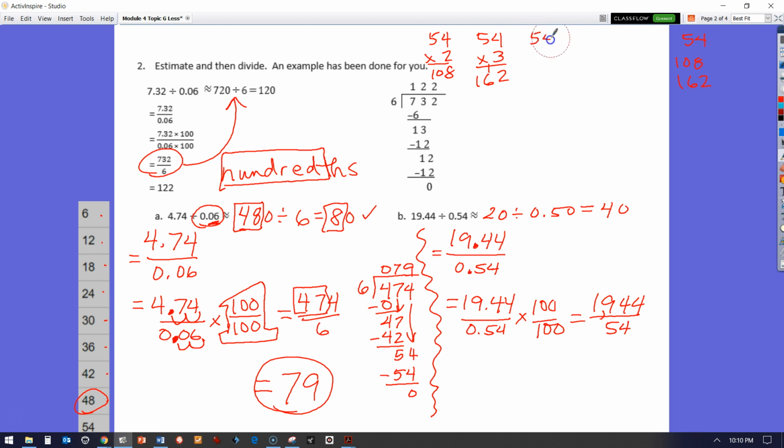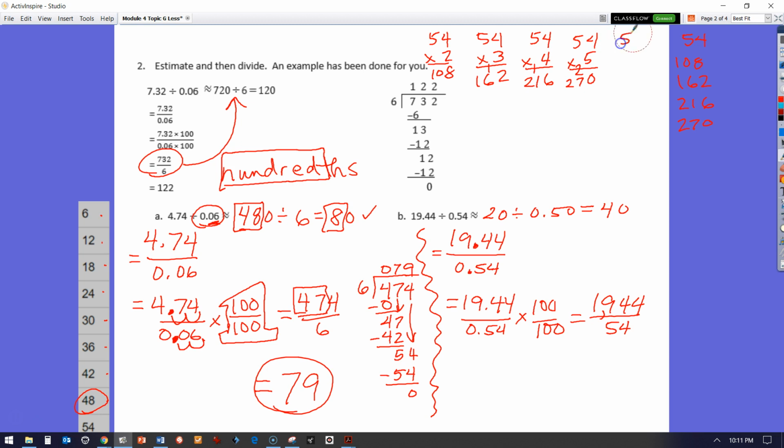And then 4 times 54, 4 times 4 is 16. 4 times 5 is 20 plus 1, 216. Let's just go up to 6 maybe. 5 times 4 is 20. 5 times 5 is 25 plus 2, 270.